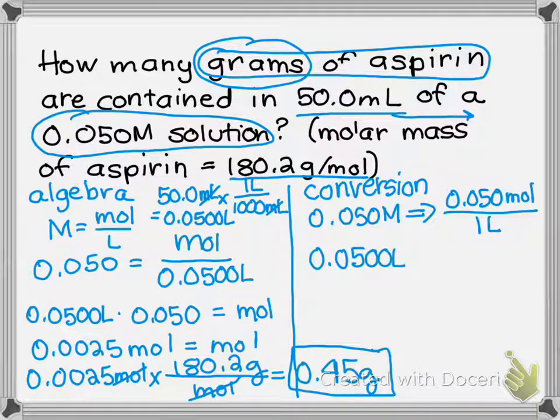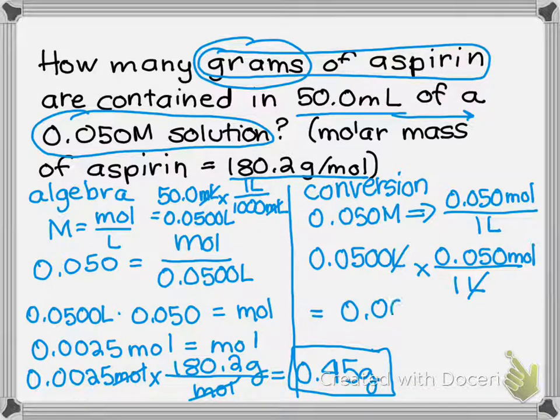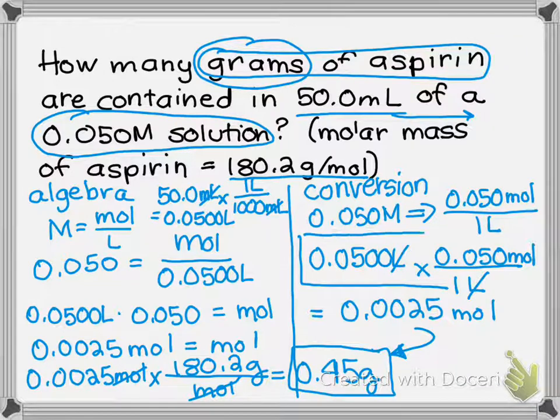So I have 0.050 liters times, I'll put the 1 liter on the bottom so they cancel, and the 0.050 moles on the top. The liters cancel, and that gives me 0.0025 moles. Then I would multiply by the molar mass like I did before, and I would get the 0.45 grams. So you can see here to go from liters to moles, using it as a conversion factor, that's what I did, that middle step.